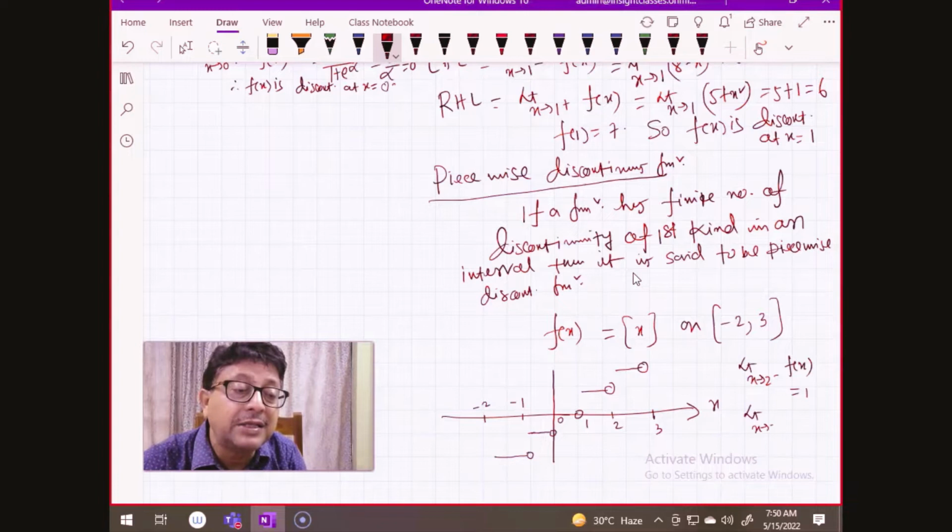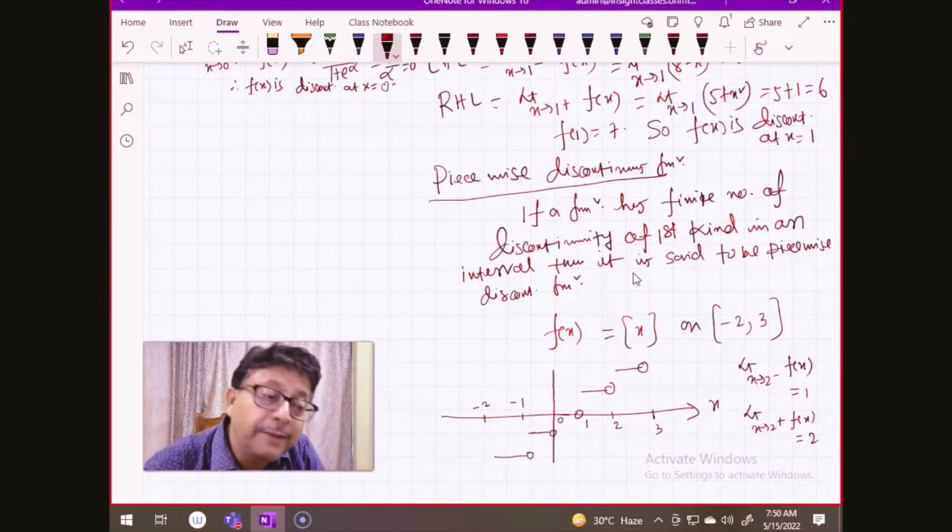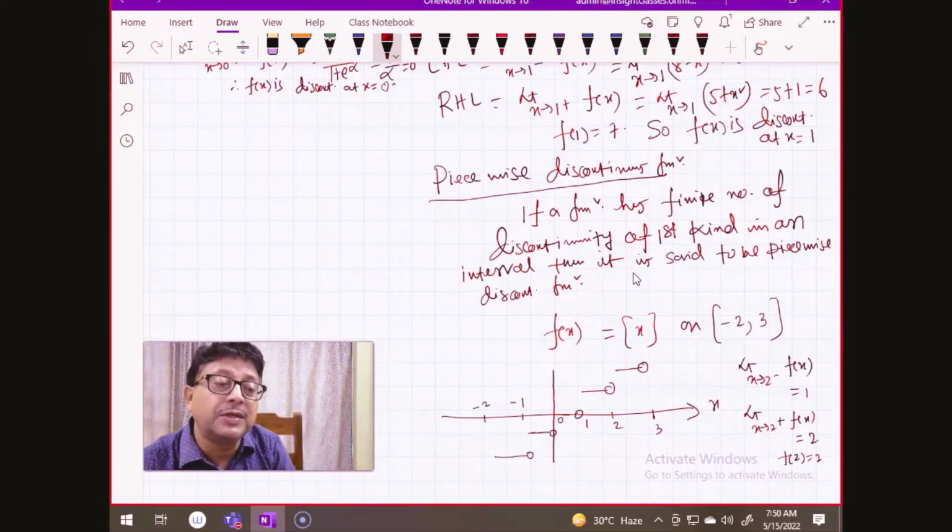And limit x tending to 2 plus f(x) is 2. And what is the value of f(2)? f(2) is also 2. So all three exist at the point x equal to 2, but the function is not continuous because the left hand limit is not equal to the others. Similarly is the case for -2, -1, 1, 2 and 3. So in this interval the function is discontinuous at how many points?